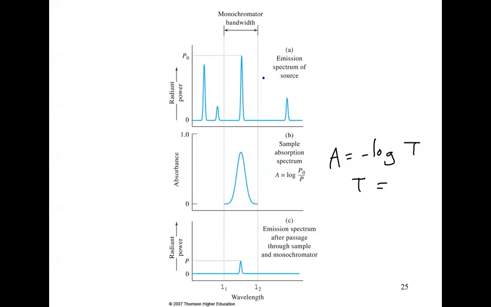You calculate what goes out compared to the amount of incident radiation, P over P naught.